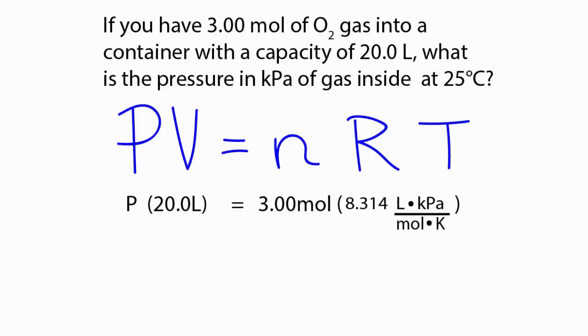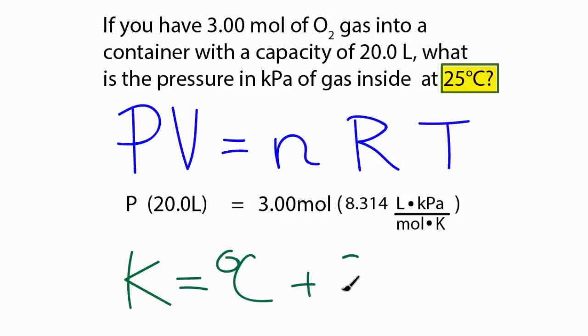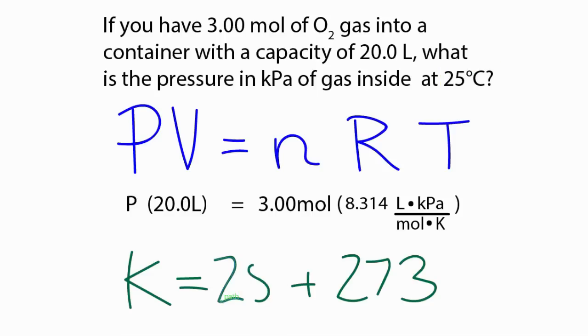We know that temperature is in Kelvin, but the problem gives us 25 degrees Celsius. So Kelvin equals degrees Celsius plus 273. So we'll put 25 in for the degrees Celsius, and that'll give us 298 as our temperature in Kelvin.